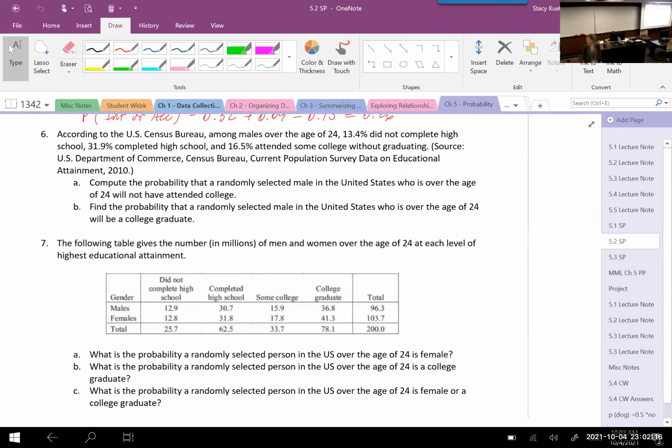Put your calculators out if you don't have them already. If you have any questions, you can use your neighbor and you can also ask me.